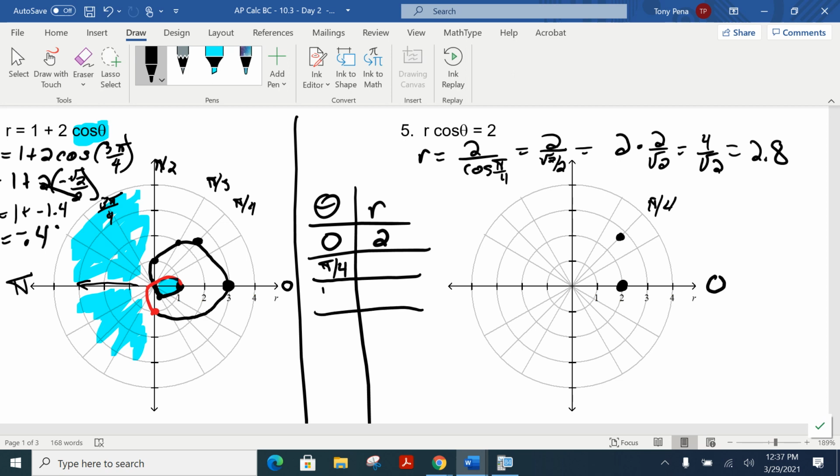Let's do one more. Do pi over 3. See what you get. Plot that new point and see if we understand what's happening.